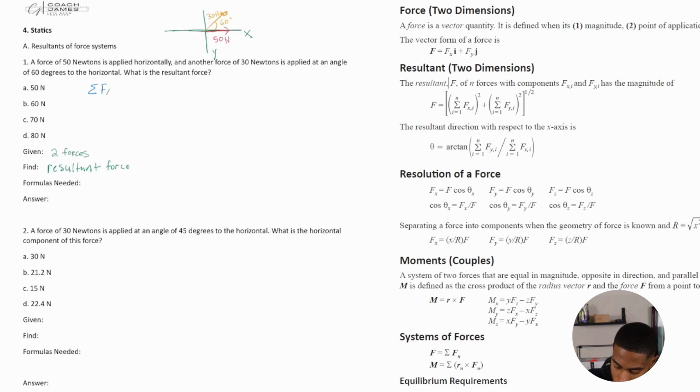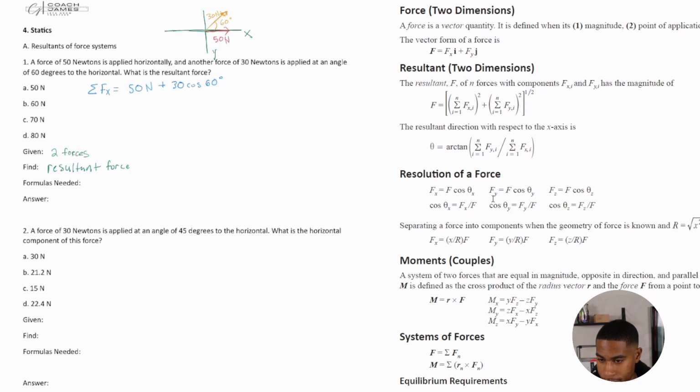Sum of the forces in the x is equal to, well, we have the 50 newtons to the right, that's positive, plus, this is where you use your trigonometry skills, 30 cosine of the angle that's in between, which is 60 degrees. Remember, to get your x's, it's always going to be the force cosine of the angle.